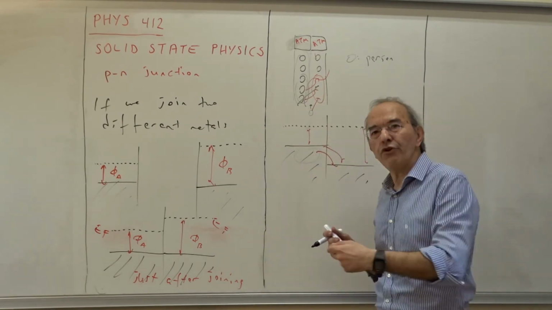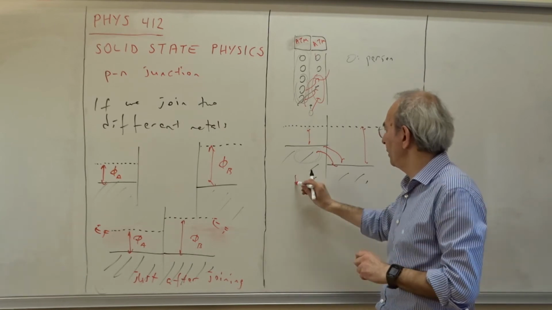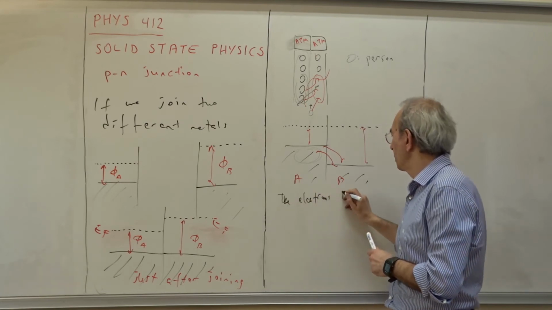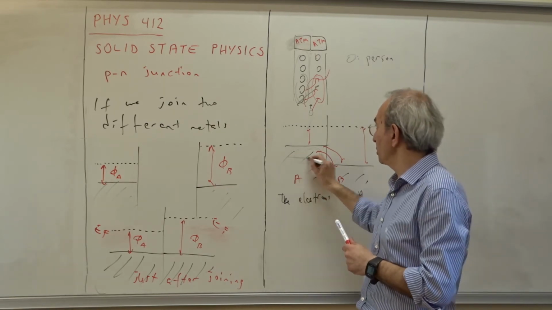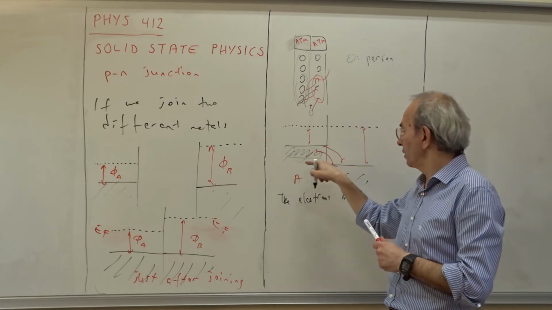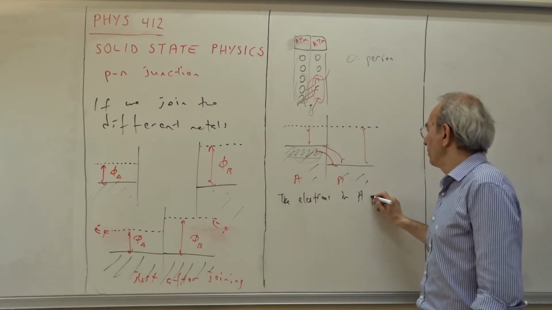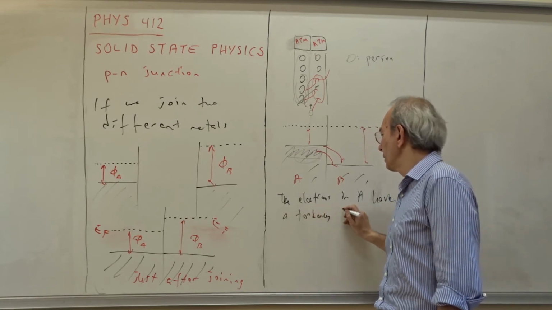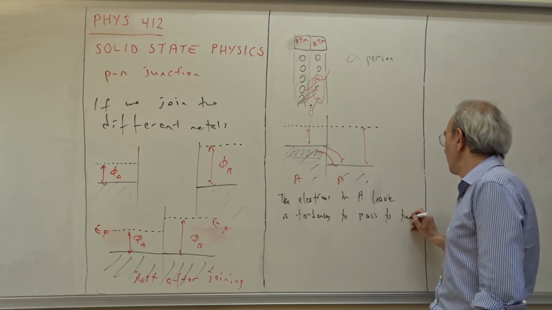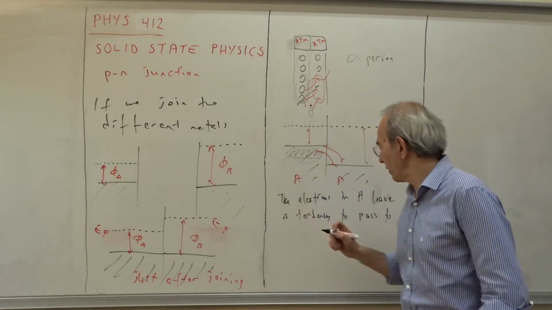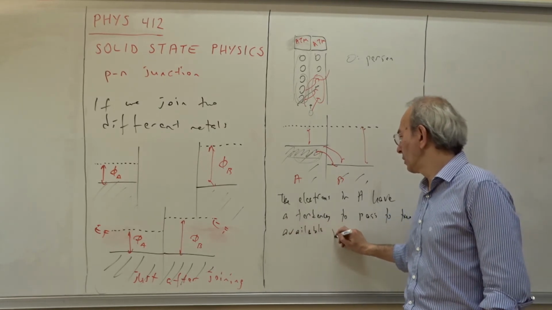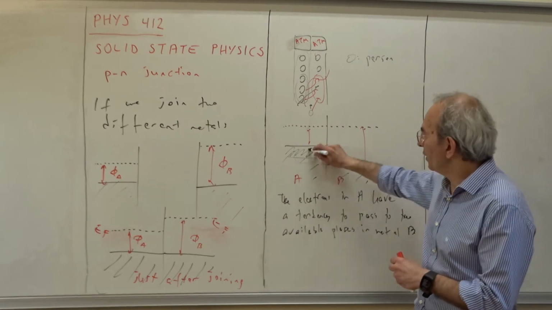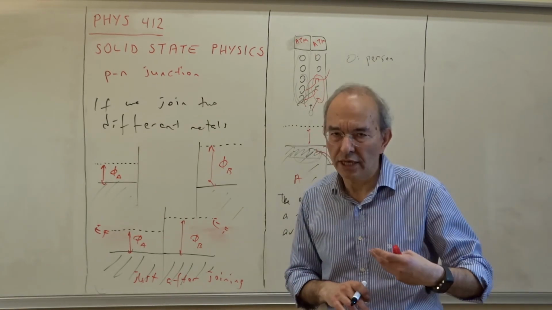So there is now a flow of electrons, because of the electrons in metal A. The electrons, especially this part above the line, the electrons in A, pass or have a tendency to pass to the available places in metal B. So at the end they try to be equalized.